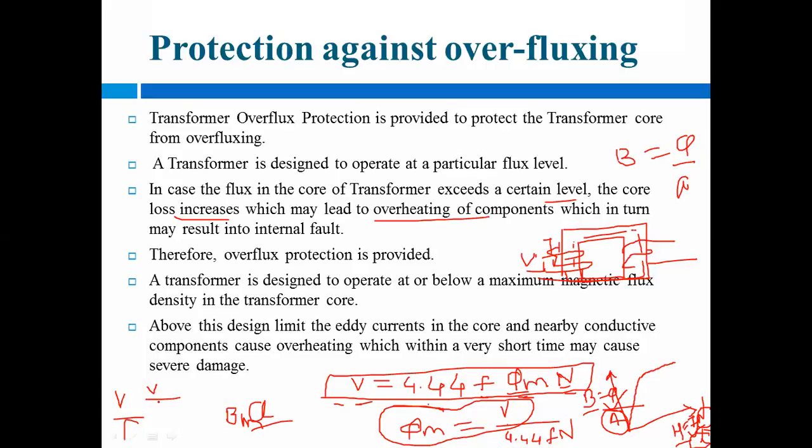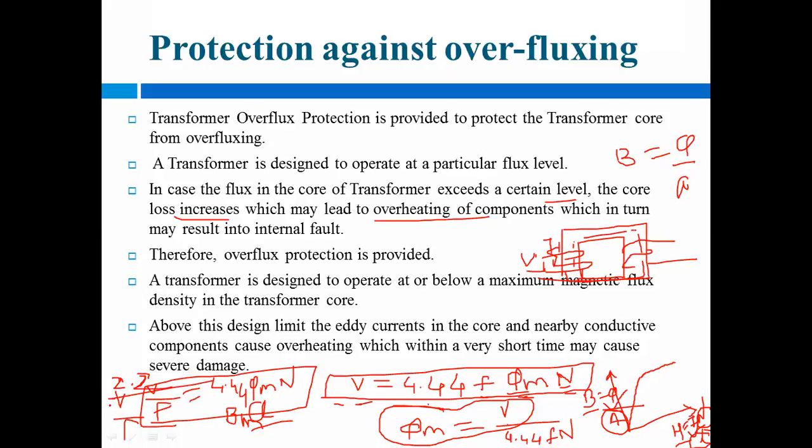This is V by F equal to 4.44 into... It will change according to your transmission line voltage and whatever PTs you are connecting.